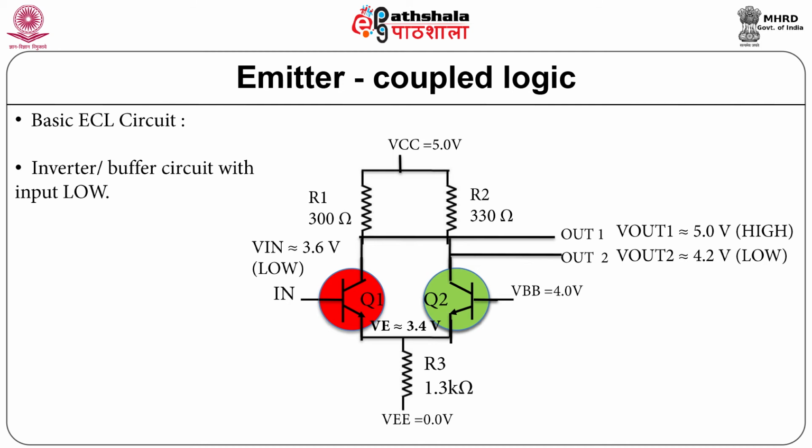The outputs of this inverter are called differential outputs because they are always complementary, and it is possible to determine the output state by looking at the difference between the output voltages, Vout1 minus Vout2, rather than their absolute values.